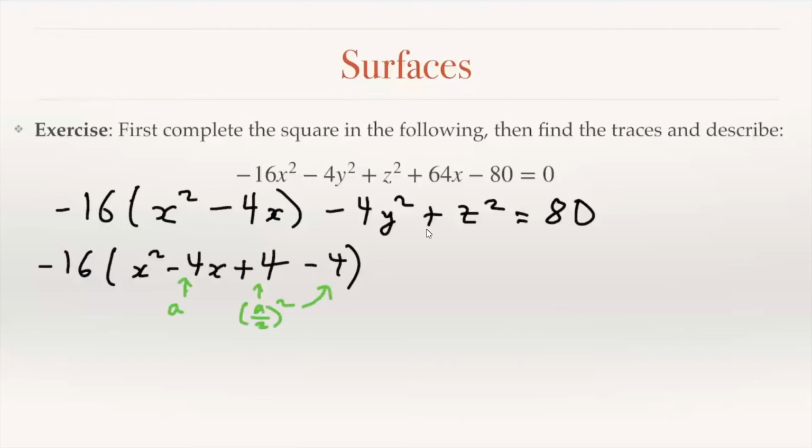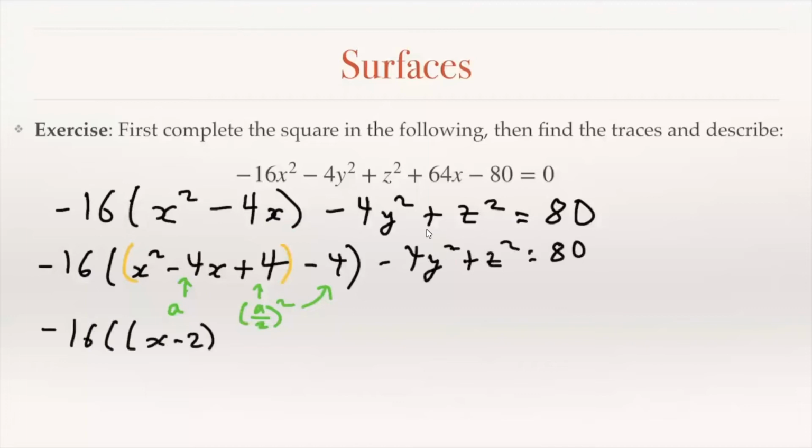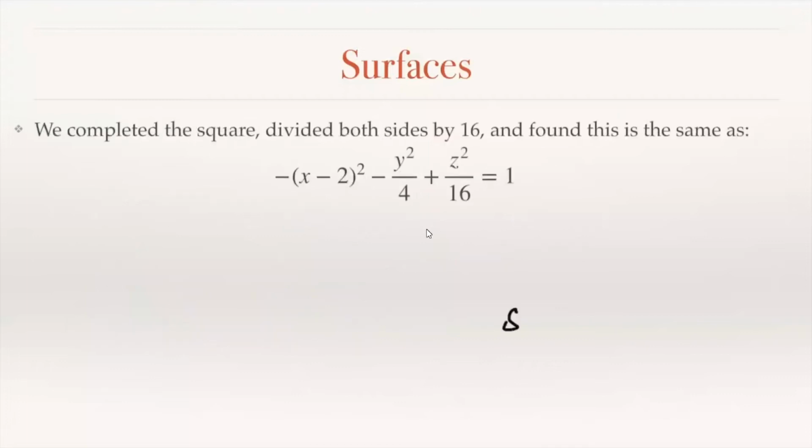We add and subtract a over 2 squared, and then put parentheses around that. And this guy factors as a square. It's x minus 2 quantity squared. Okay, and then we still have the rest. Okay, so we have -16 times x minus 2 quantity squared minus 4 minus 4y squared plus z squared is 80.